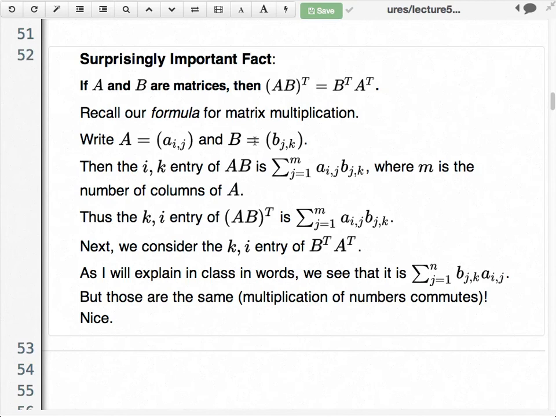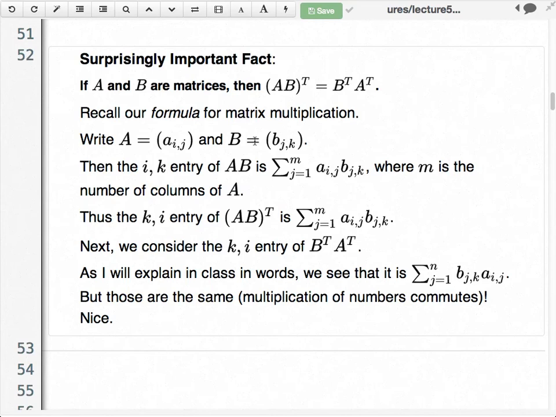It's the sum as j goes from 1 to whatever makes sense, which would be the number of columns of A. So all this is, again, for the fourth time, writing down a formula for taking a row and a column and multiplying the corresponding entries together and then adding them all up. That's what I've just written down there. Okay, so now let's try this out. Let's take i and k.